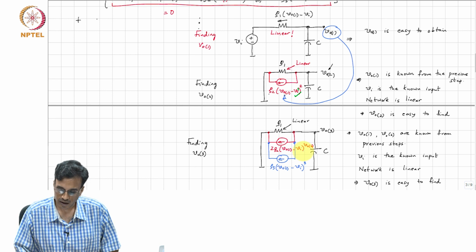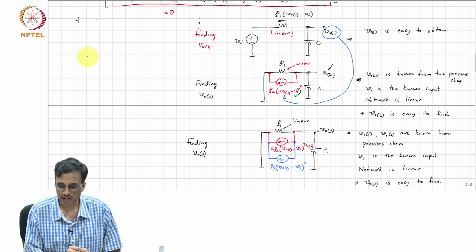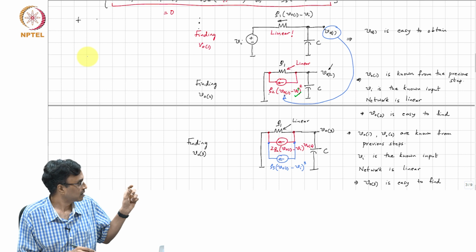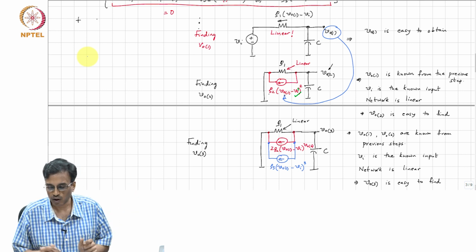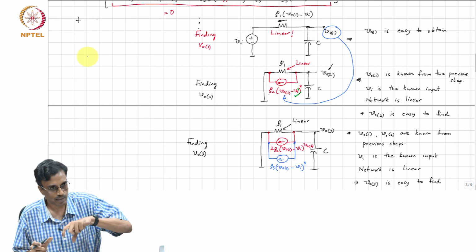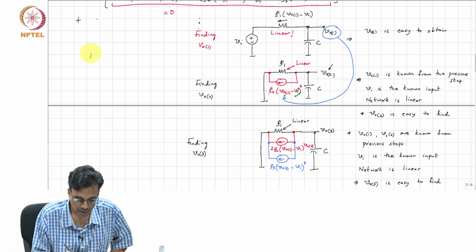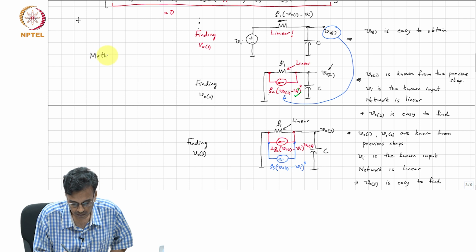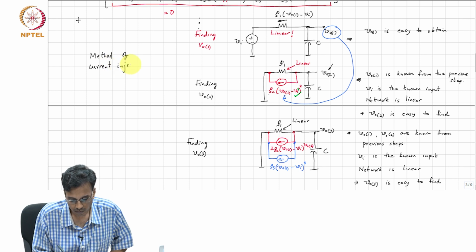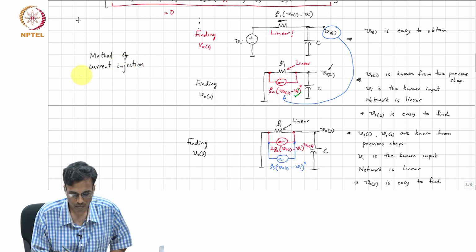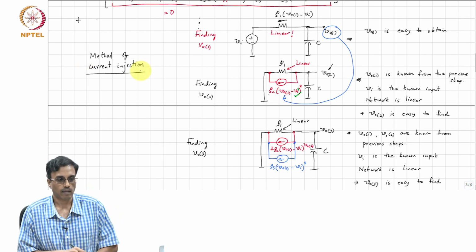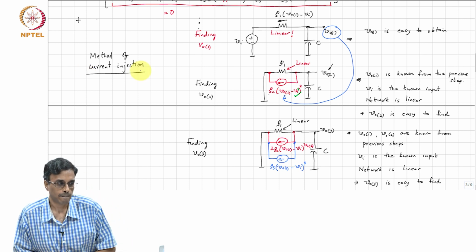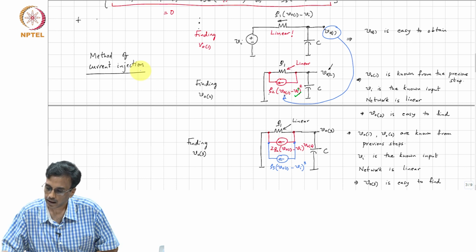And since this method is adding or injecting current in parallel with every nonlinear element, this is called the method of current injection.